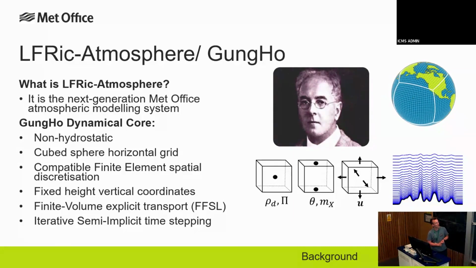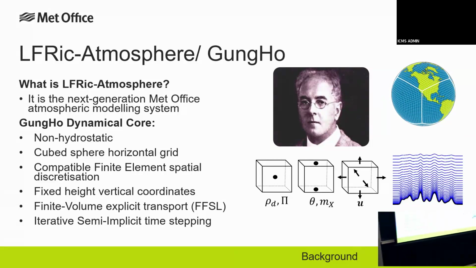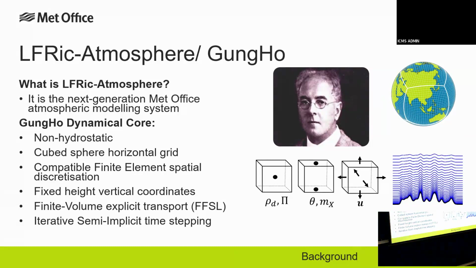So it is, as previously, non-hydrostatic, but we're moving away from finite difference on a latitude-longitude grid to a cubed-sphere horizontal grid using compatible finite element methods. So we follow a similar staggering to the C-grid staggering if you've seen it before. And so our cell centers, you have density and Exner pressure staggered vertically. In Charney-Phillips staggering, you've got potential temperature and moisture variables, and then winds is flux through faces.